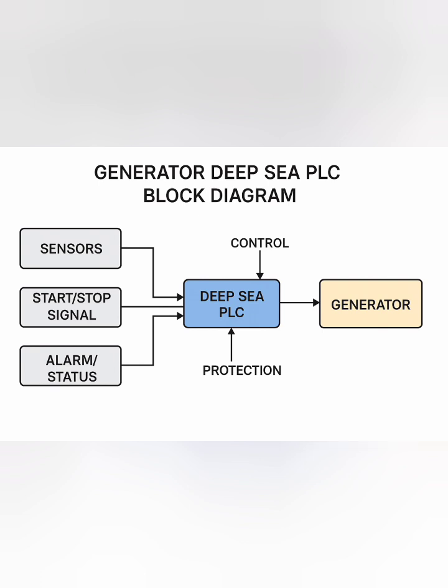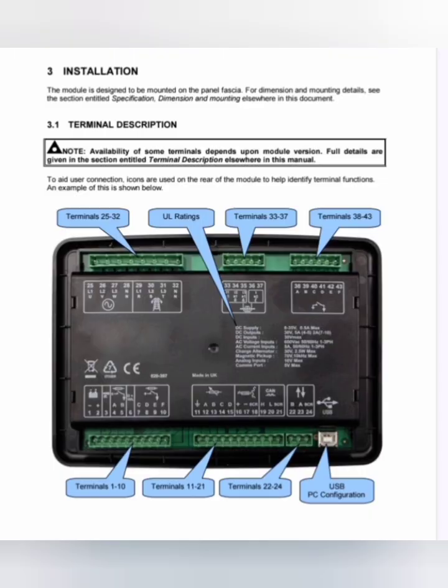So let's get started. Talking about the sensors, start and stop signals, alarm status, controls, and protection with the generator. If we look at the back of the DSE controller, as you can see here, we have some terminals, number 1 to 10.